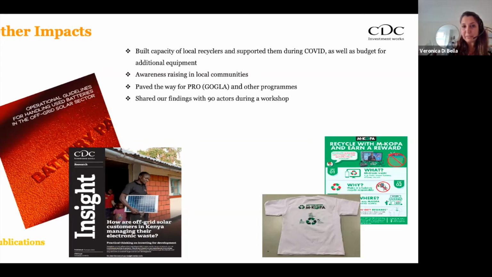We paved the way for a producer responsibility organization, which is now being implemented by the Global Off-Grid Lighting Association. And we've also seen that other programs are conducting studies similar to the one that we started. And during a workshop we organized in July, we also shared the findings with about 90 actors. Next slide, please.